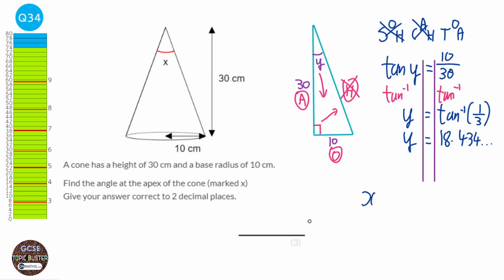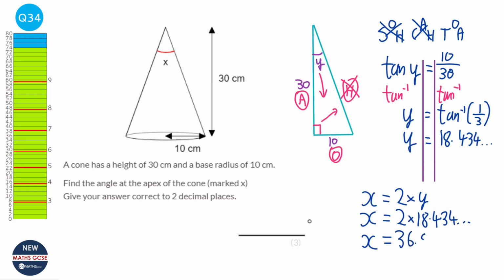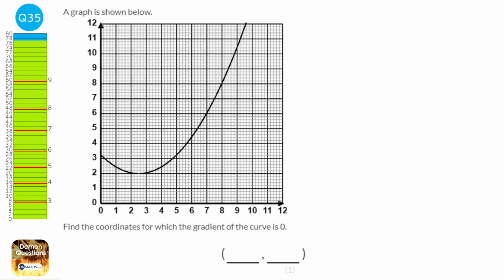So x is going to be 2 times y, so that's going to be 2 times the 18.434 blah blah blah, and so that is going to be 36.869, etc. And it says it wants it to correct 2 decimal places, so that's going to be 36.87 degrees.